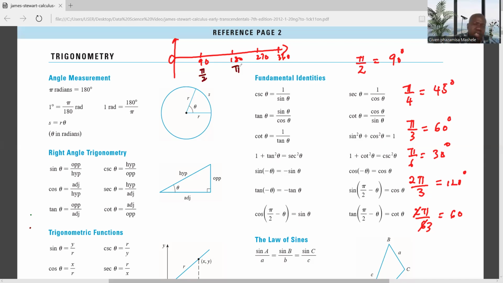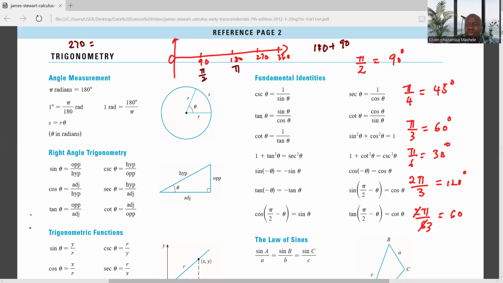What would 270 be? Let's do this. Remember, 270 is the same as 180 plus 90, ladies and gentlemen. 180 plus 90 is 270.